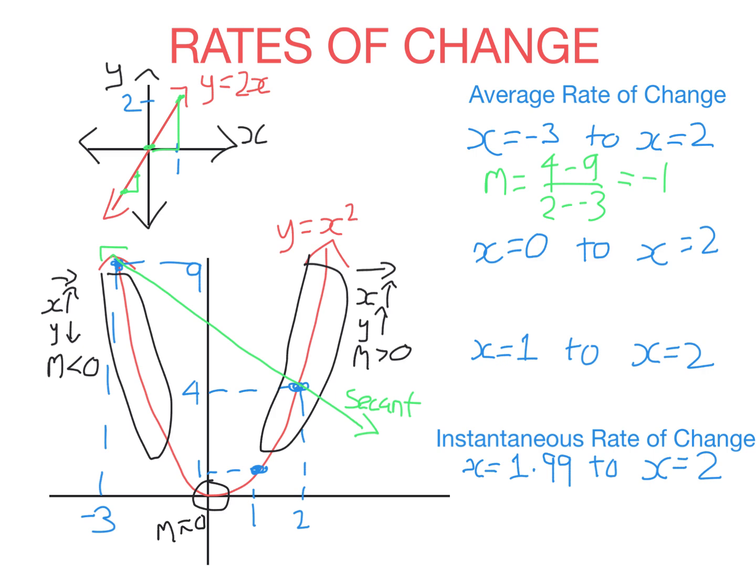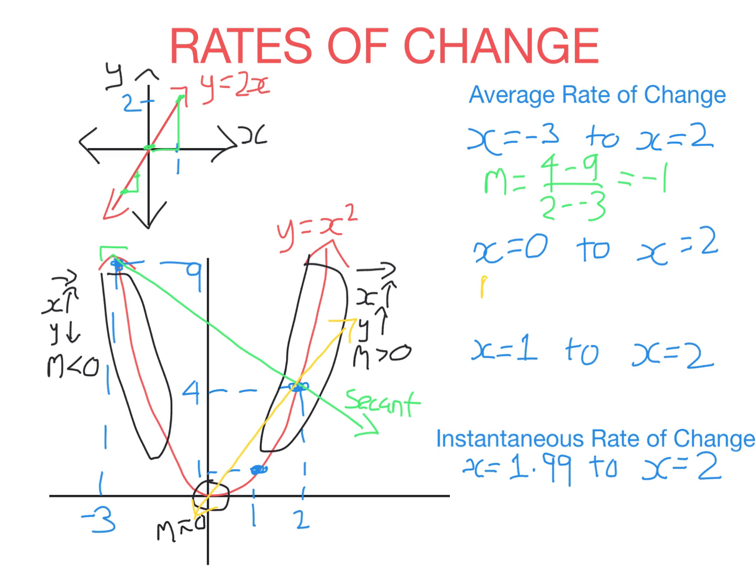So how about if I want to estimate the rate of change at this point, instead of picking the point over here, I'll pick a different point. I'll pick this one here. So I'm going to draw another secant that goes through the point where x equals 0 and where x equals 2. That line in yellow is another secant.